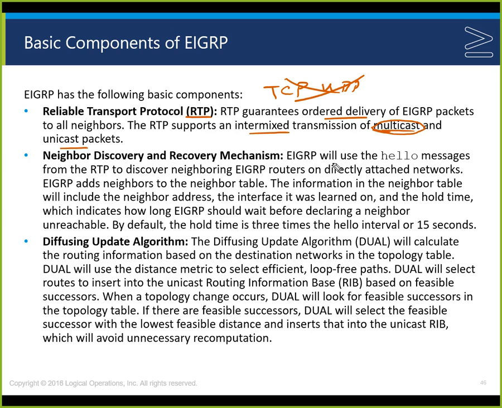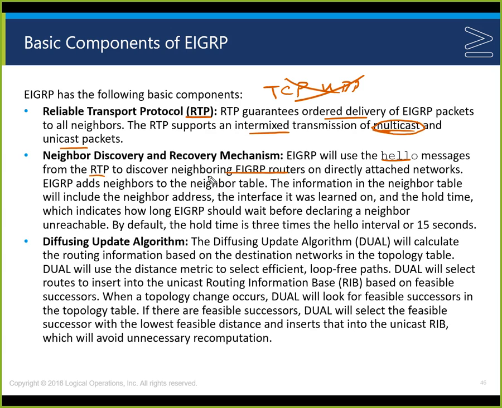Neighbor discovery and recovery uses the hello messages from RTP to discover the neighboring routers. Once they share all of their information and we establish the route tables and the topology tables, and if we have unequal cost and we haven't changed the variance to allow unequal cost paths, then the feasible successor will be in the topology table, and that's one of the advantages of EIGRP over OSPF.